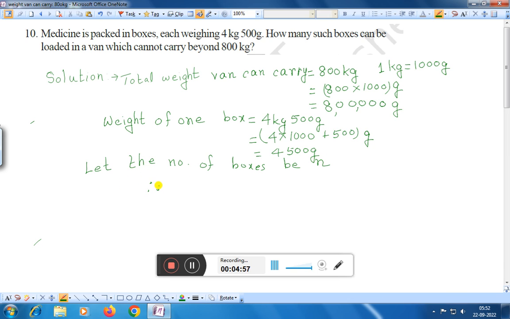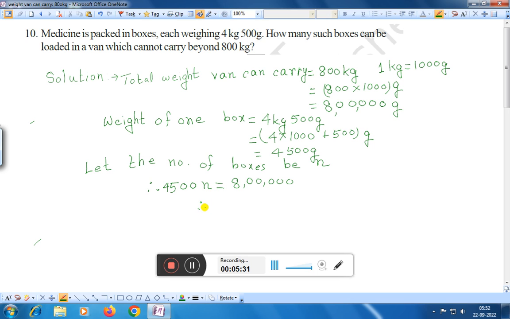Here you see, the weight of one box is 4500. Therefore, according to the question, how many boxes? That means 4500 into n is equal to 800000.